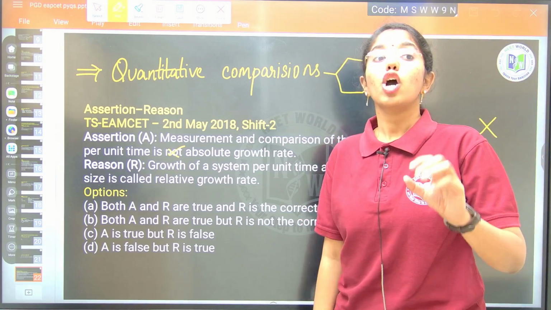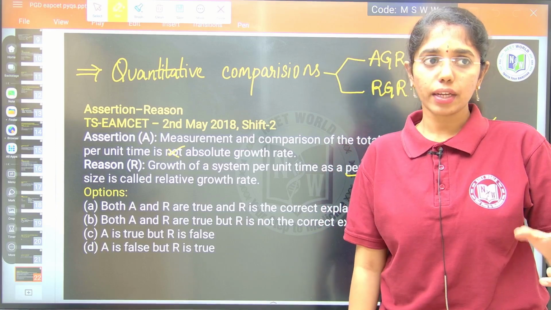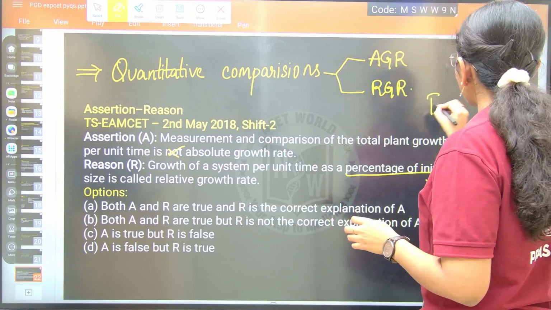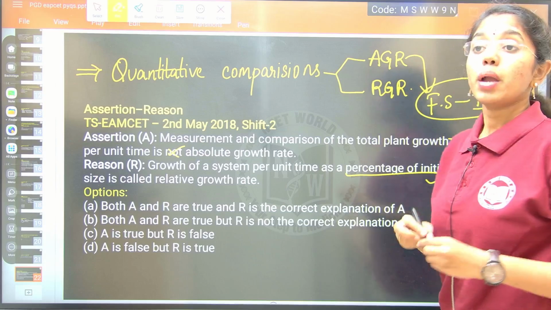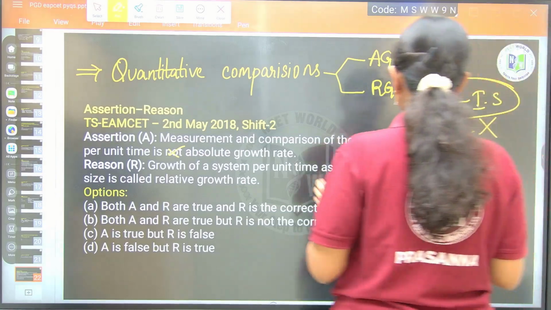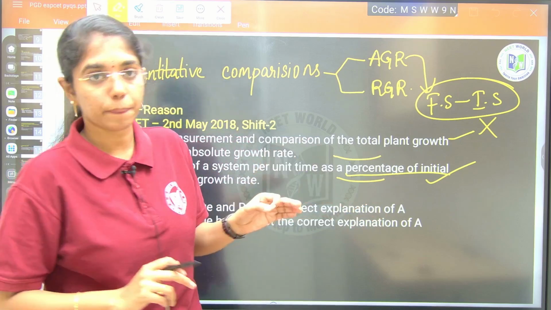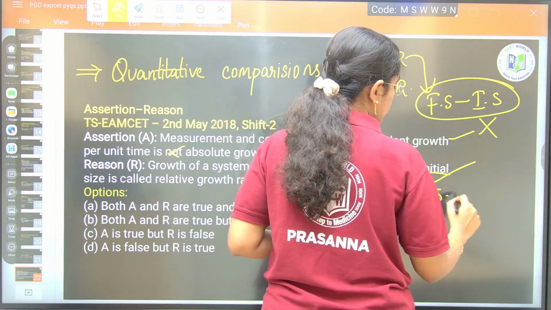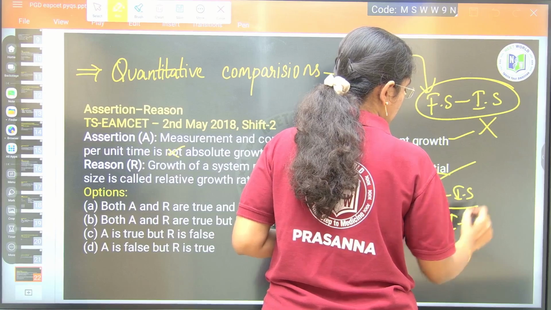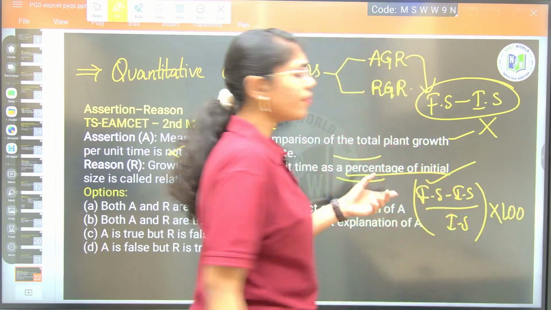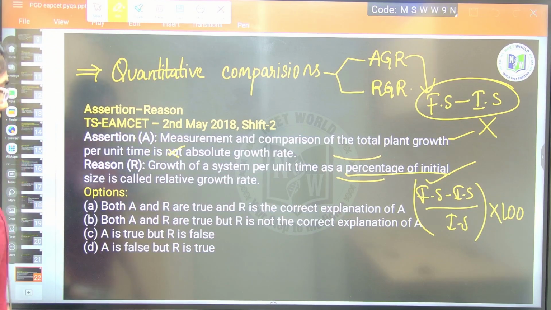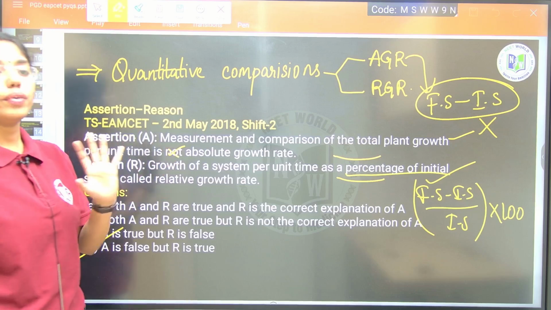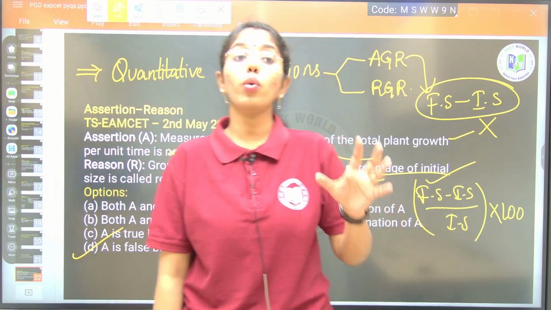You will calculate the percentage of growth per unit time, which is option D. Clear?